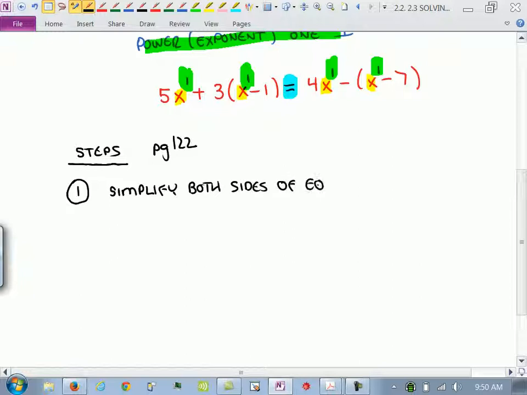Now, what do we mean by simplify? Well, first off, they say clear parentheses. Clear parentheses. Now, parentheses are used to group things together, right? These are called grouping symbols.